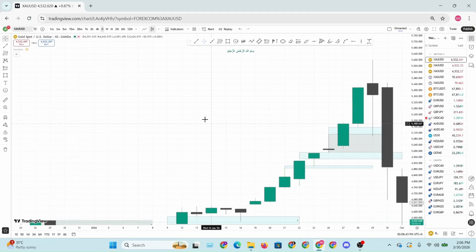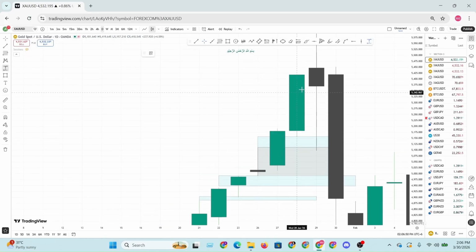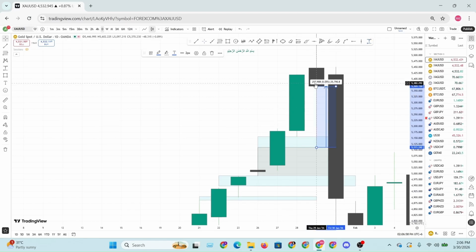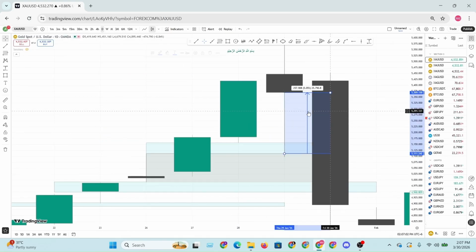See, the market came to this level from here and tapped this level and moved all the way up, how many points? 2500, almost 2600 pips.